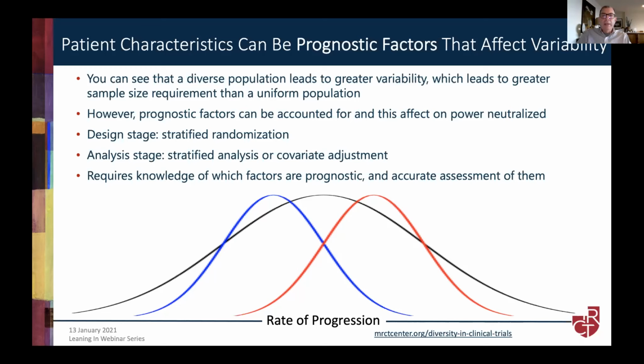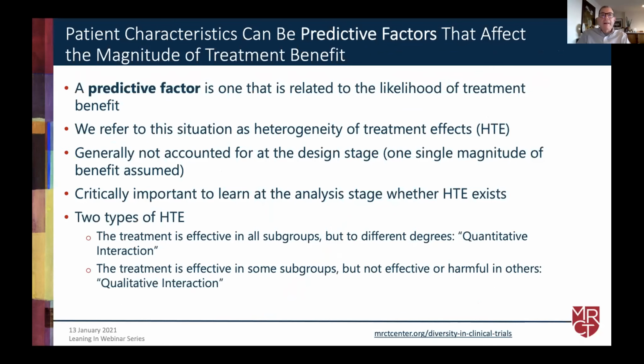So we can deal with that issue actually fairly effectively, but it does require knowledge of which factors are prognostic. You need to plan for this ahead of time, and you need an accurate assessment of them, relating back to Sarah's comments on accurately assessing the patient characteristics. Next slide. So that's a prognostic factor.